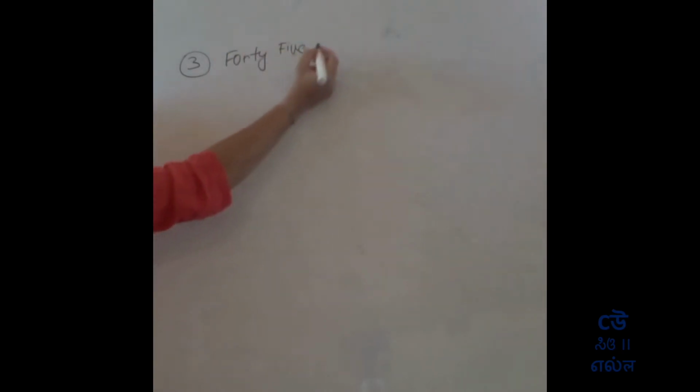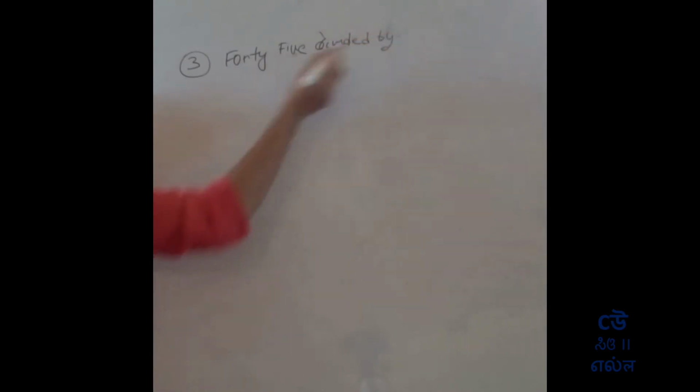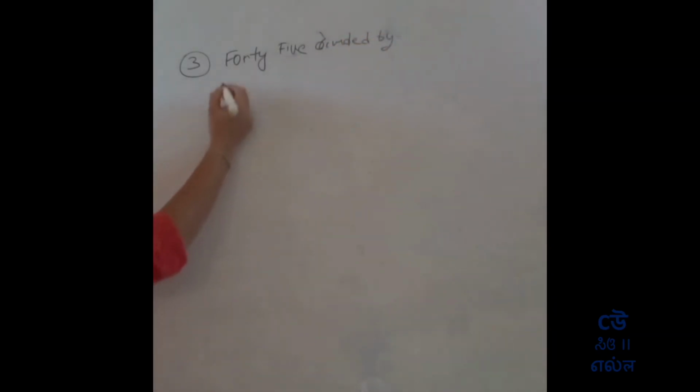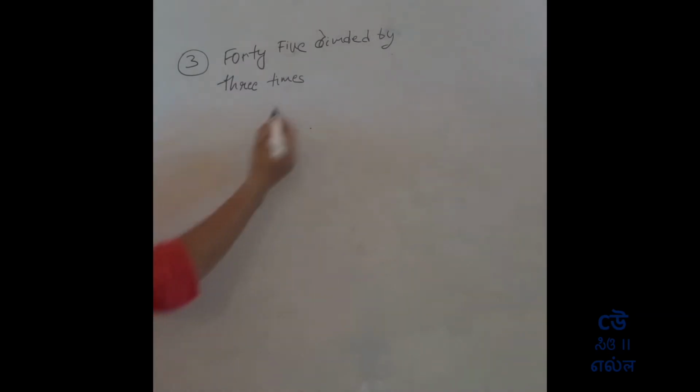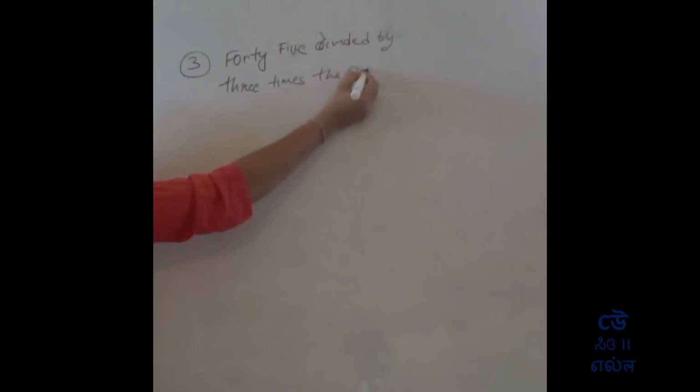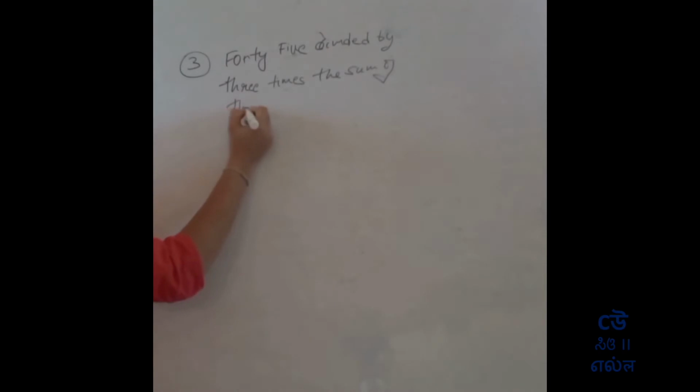Next, third one. 45 divided by 3 times the sum of 3 and 2.